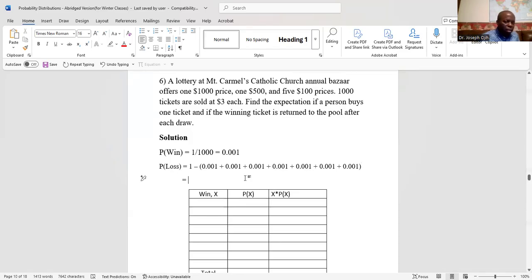Let me write this on the calculator. That'll be easy because they are the same probability.